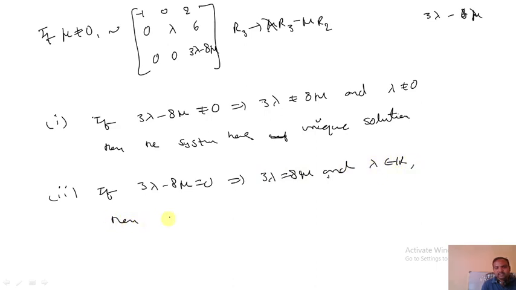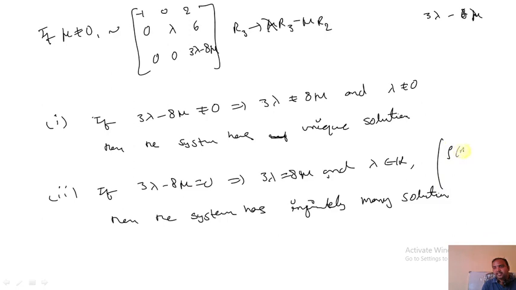Then the system has infinitely many solutions. Keep in mind that the rank is less than the number of unknowns. If this is 0, the rank is 2 and the unknowns are 3, so the rank of A is 2, less than the number of unknowns, and that's why it has infinitely many solutions.